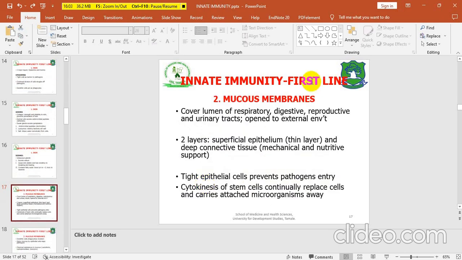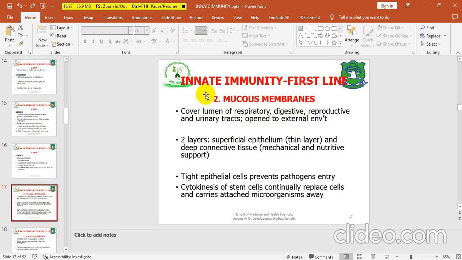So we now look at mucous membranes. So mucous membranes are what? Coverings of the lumen of the respiratory, digestive, reproductive, and the urinary tract, and they lead to openings of the external environment.